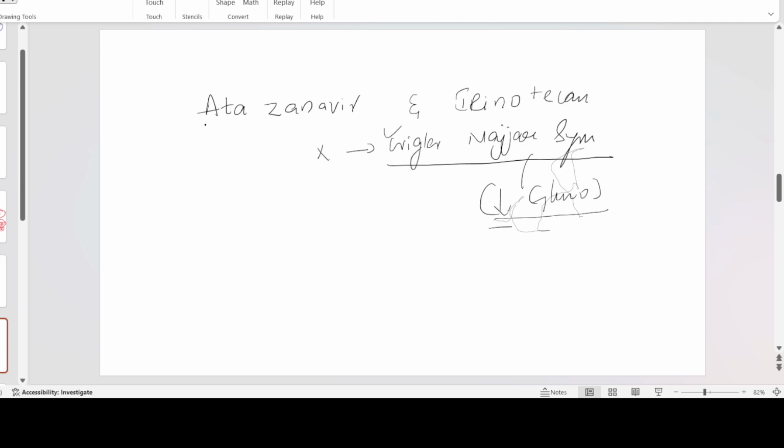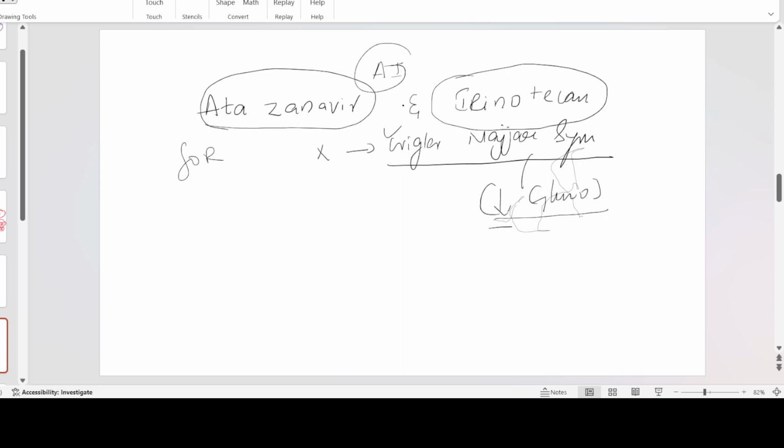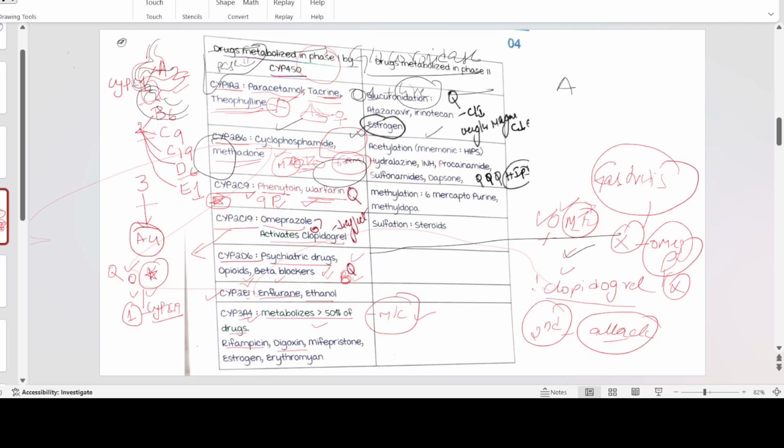In such patients, the phase 2 activity needs the enzyme glucuronidase, so you are not supposed to give atazanavir and irinotecan. Understood? Let us discuss estrogen later.